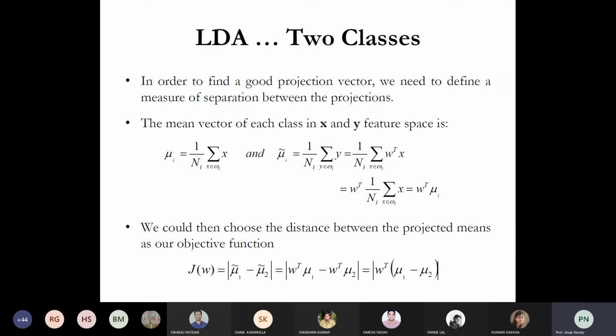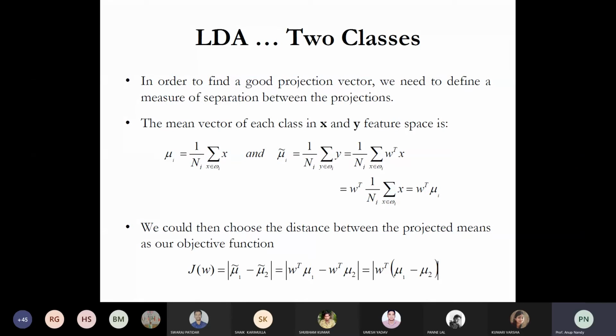So now, how do you proceed? The mean vector of each class in the X and Y feature space is computed by mu i is 1 by ni, sum over x belonging to wi of x, and it is mu hat.